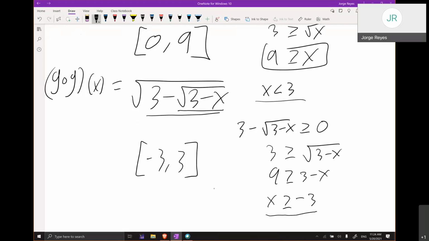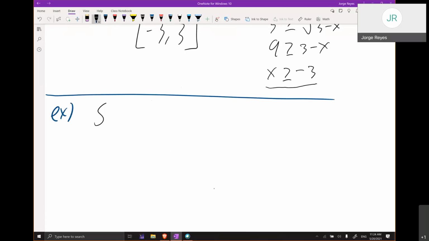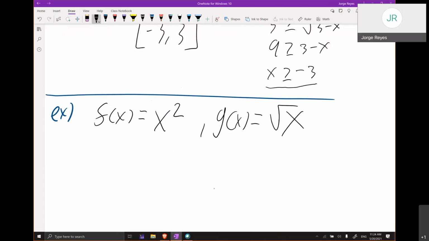Now, I want to be very careful. I want to show one of the most popular trick questions. I've definitely put this on tests before for my 124 class. f of x equals x squared, and g of x equals square root x. So f of g of x would be the square, and then the square root. And what happens is those cancel and you get x.